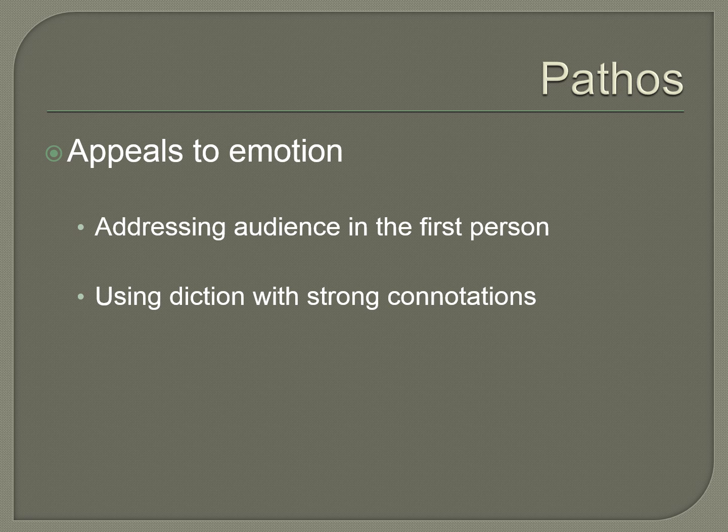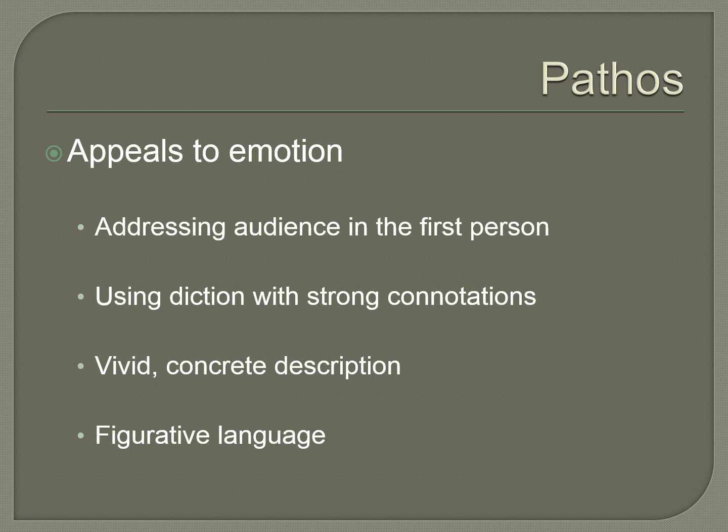Certainly there are positive connotative words and negative connotative words that can really get people to focus or pay attention, or really revolt people, based on the words that you would use and how you would use them. It's appropriate to use very vivid, concrete description, and without a doubt there's even a place for figurative language when establishing an emotional connection to your audience.